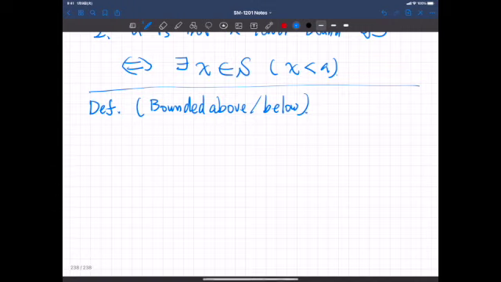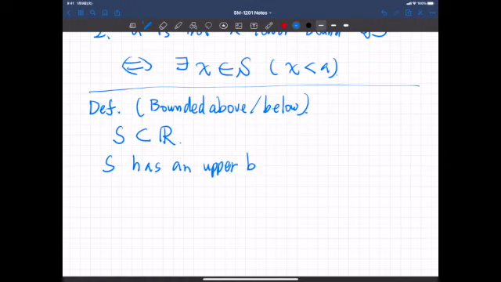Okay, so again, let S be a subset of real numbers, and if S has an upper bound, then we say S is bounded above.